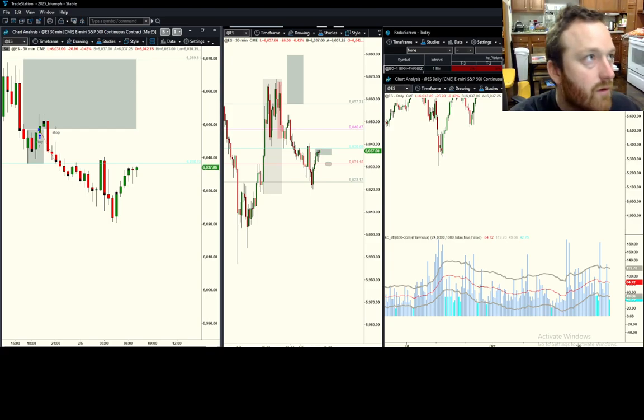We don't have any other overnight trades. I mean, this one has edge, dude. That's what I'm doing. So 30-minute overnight open breakout, inverse.